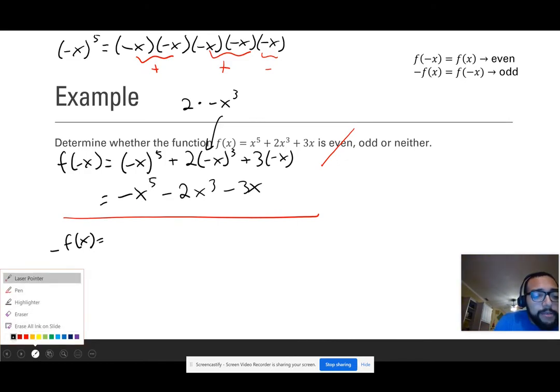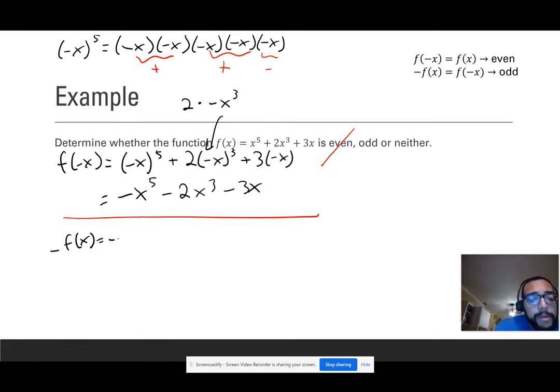So negative f of x means negative, parentheses, all of our f of x function: x to the fifth plus 2x cubed plus 3x. So again, negative on the outside, stuff inside, distribute that negative.